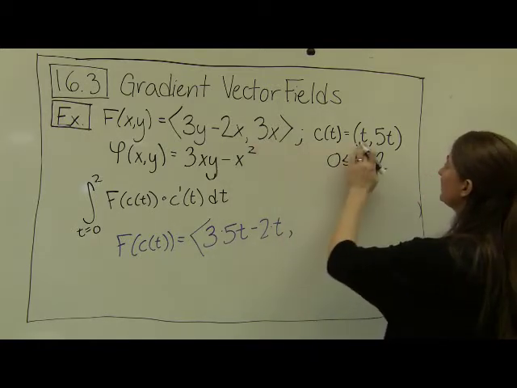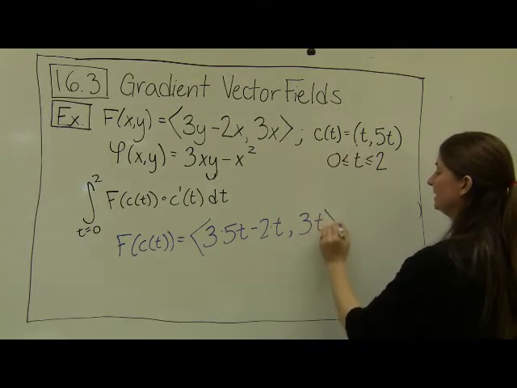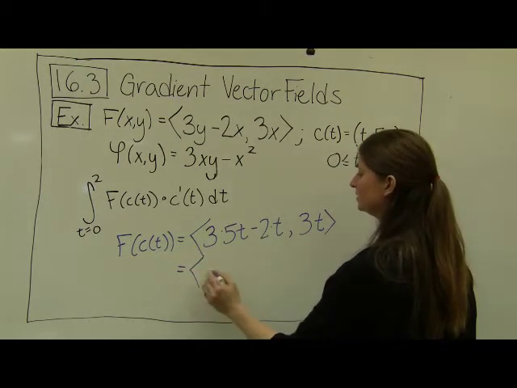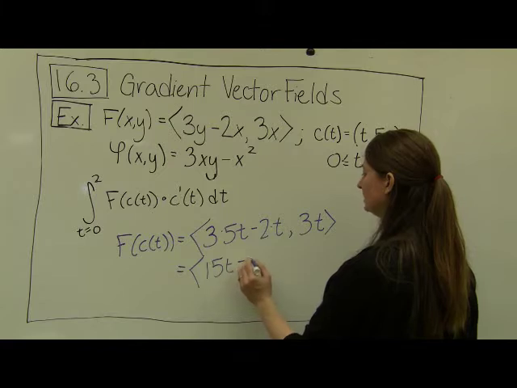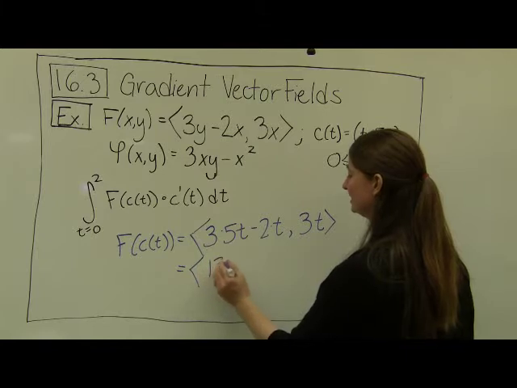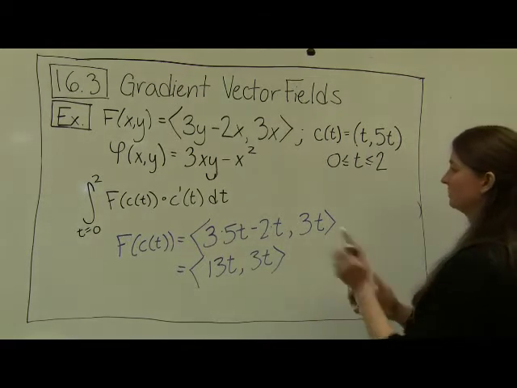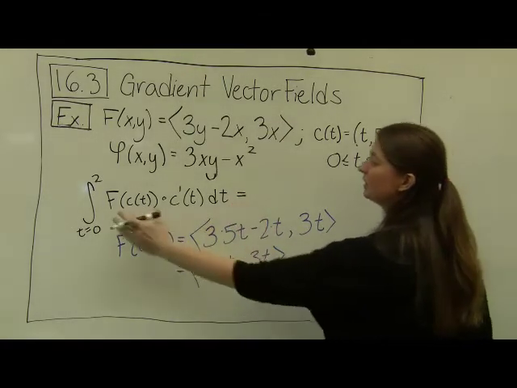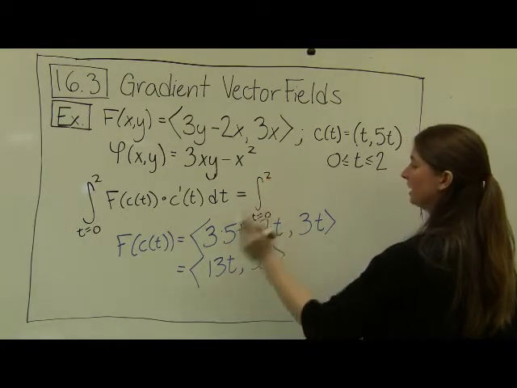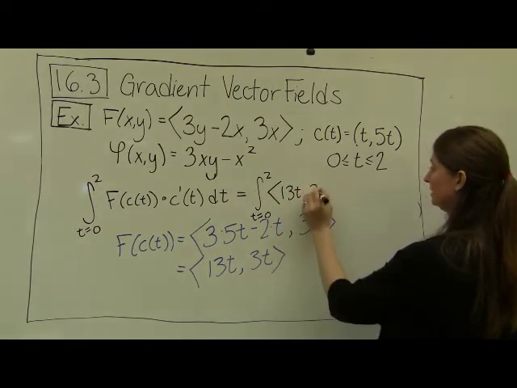And then because my x value is equal to t, I'm plugging in t for x and I get 3 times t. And I can simplify this a little bit, and I see that my f of c of t function is going to be equal to 15t minus 2t. I can do that in my head. That ends up as 13t, 3t. So I'll go ahead and write that down above. That's the first step that we need to do. So I just found out what f of c of t is. My integral as t goes from 0 to 2 of f of c of t is 13t comma 3t.